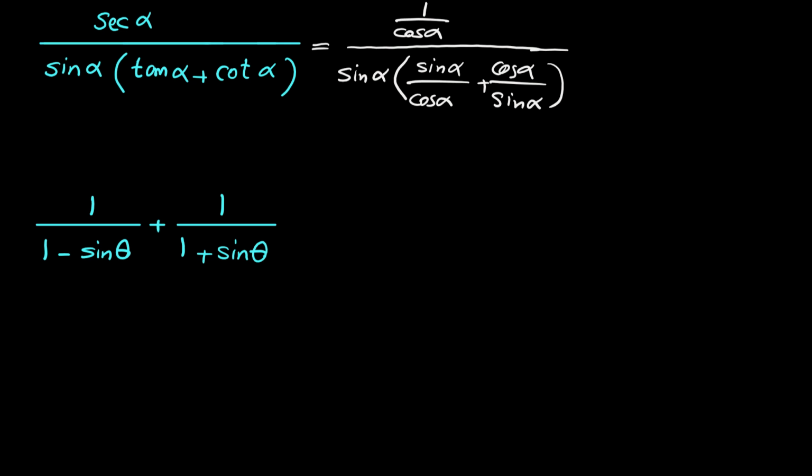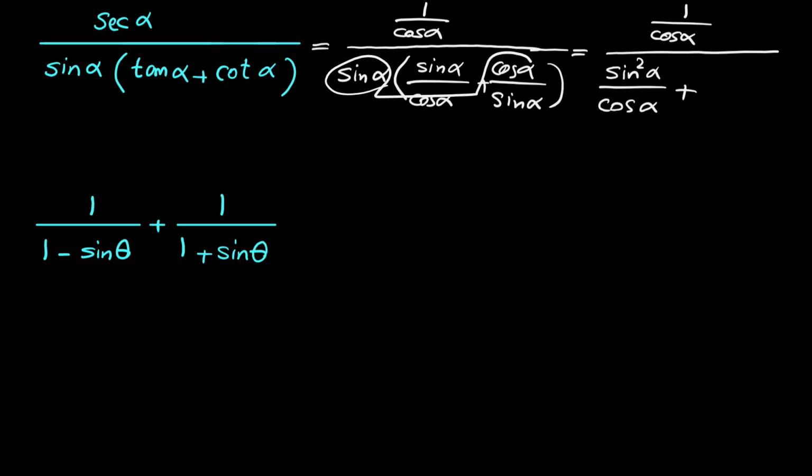So we have 1 over cosine, all over sine times sine is sine squared alpha over cosine alpha plus sine alpha times this, sine with sine cancels, and we have a cosine alpha.